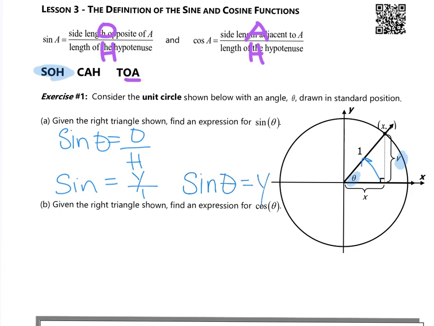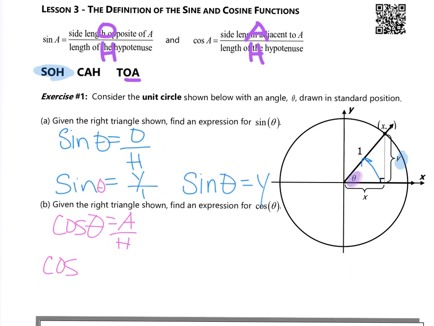Now, let's move on to finding the cosine. So if I want to find the cosine of theta, there should be a theta here. That is the adjacent over the hypotenuse. So we're still talking about the same exact angle, right? The theta there.